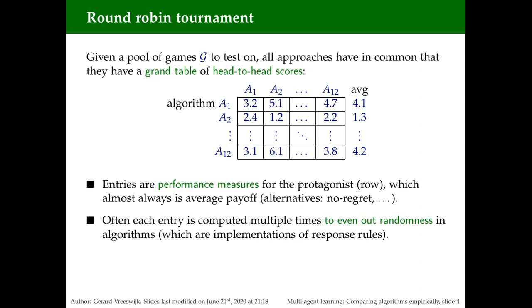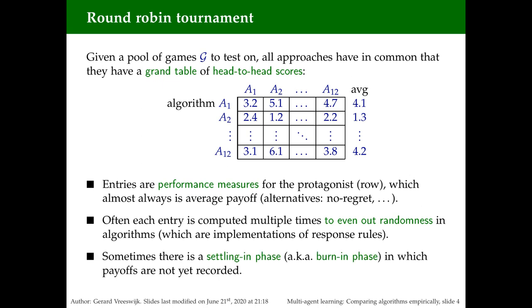Now often each entry is computed multiple times to even out randomness if the algorithm is stochastic. Sometimes algorithms have a settling-in phase, also known as a burn-in phase, in which payoffs are not recorded. So you wait until the algorithm's performance stabilizes and then you start recording the payoffs.